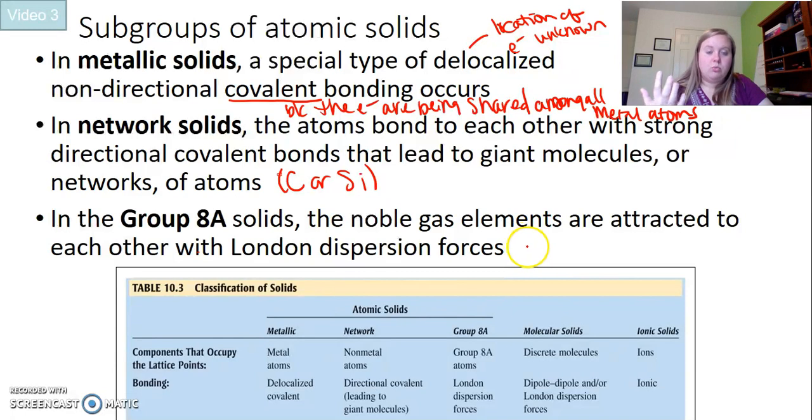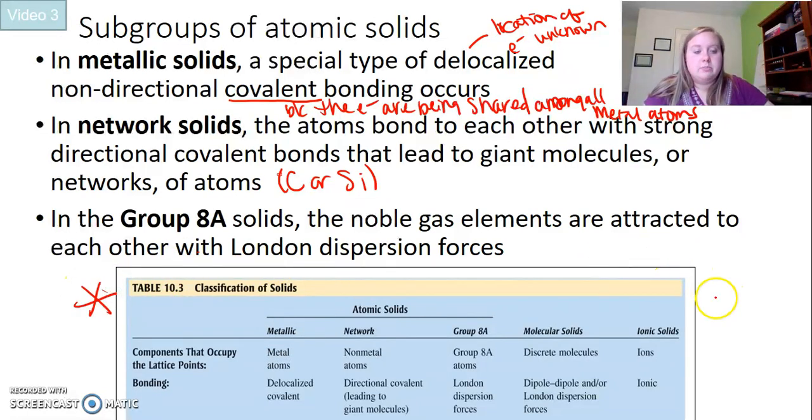But if you were to, under the specific conditions, you'd have a group 8A solid. But again, we're not going to talk very much about it at all because they have really no practical purpose and there's not really any need for them to be a solid. And so they serve their purpose as being a gas. And so we're really not going to focus too much of our attention on that, but it is important that you know that they do exist.